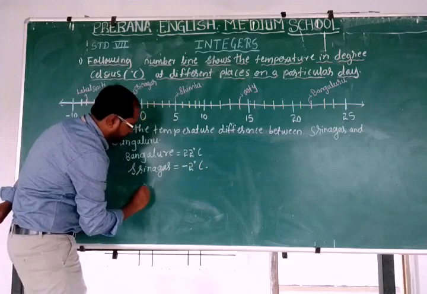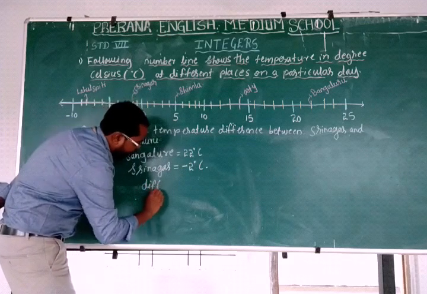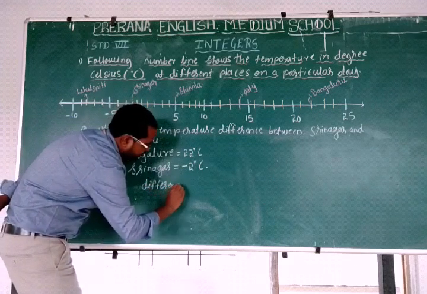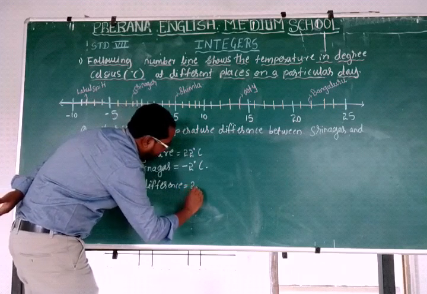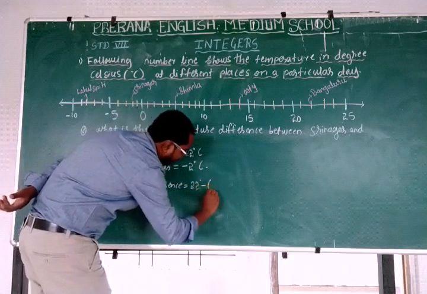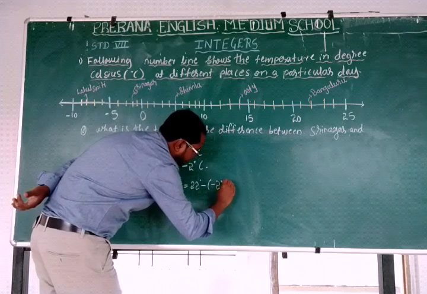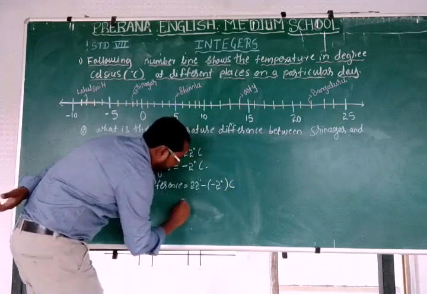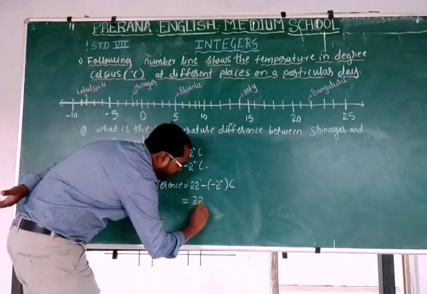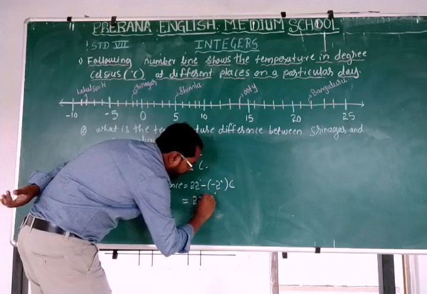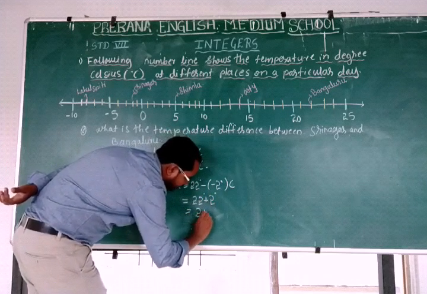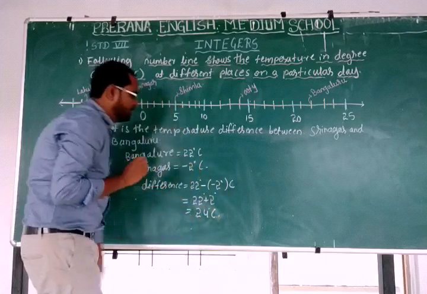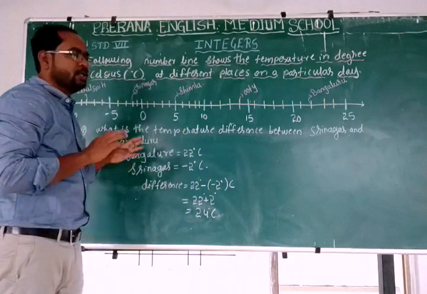What is the difference? Difference means you have to subtract. That is 22 degrees Celsius minus of minus 2 degrees Celsius. Minus into minus will be plus 2 degrees. On adding it will become 24 degrees Celsius. So this is how you calculate the temperature difference.